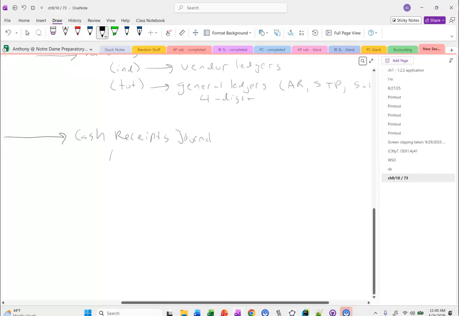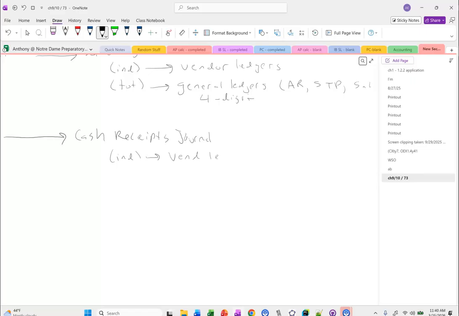Now the cash receipts journal, again, the individual transactions are going to go to the individual vendor ledgers. So again, those will be 3-digit guys. And the totals, when we total that journal up, go into the general ledgers.